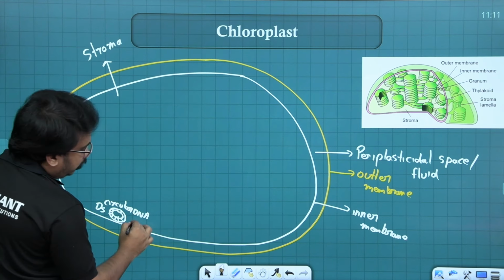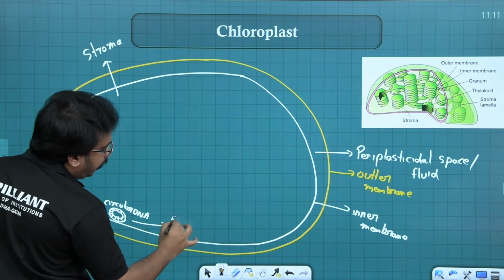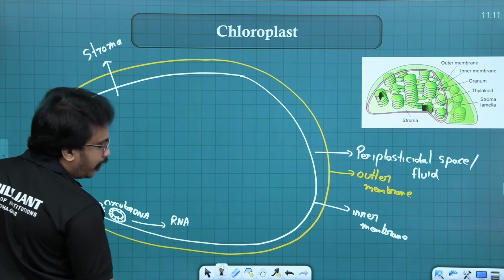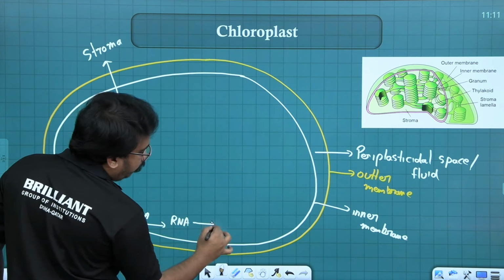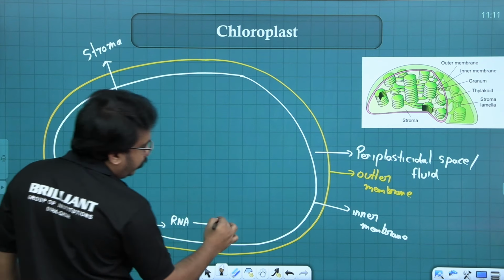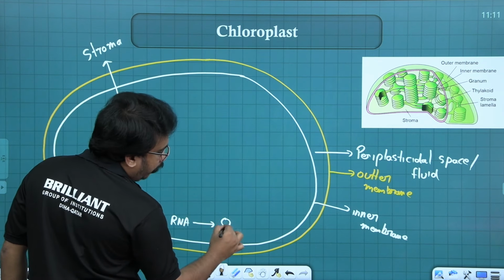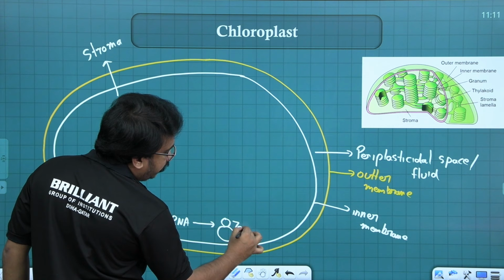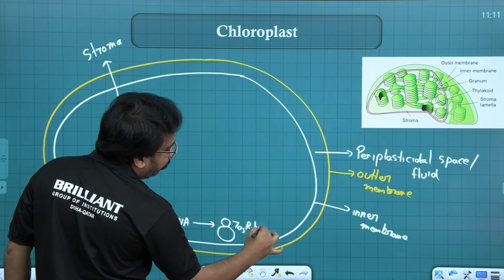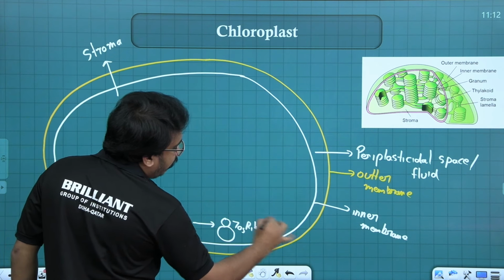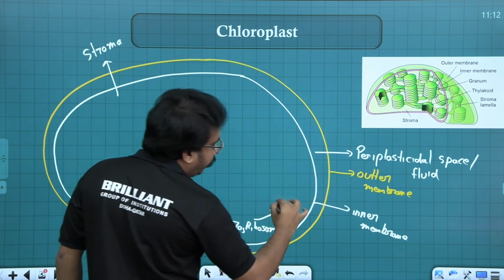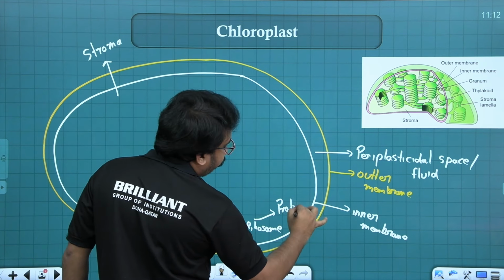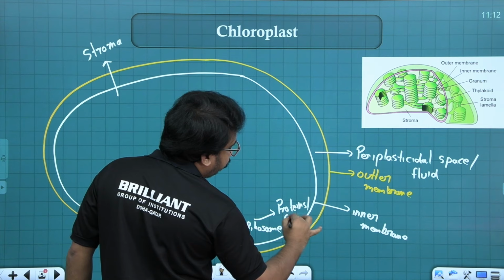From this double-stranded circular DNA, they can produce RNA, which can be read by ribosomes. They also have 70S ribosomes, and they can also have some proteins or enzymes.